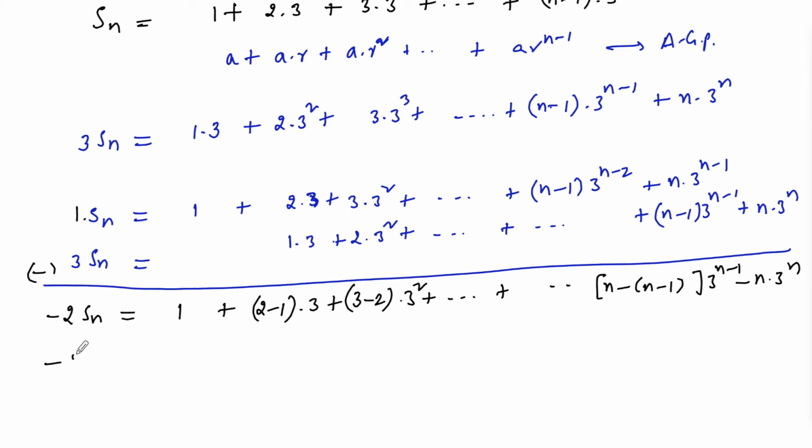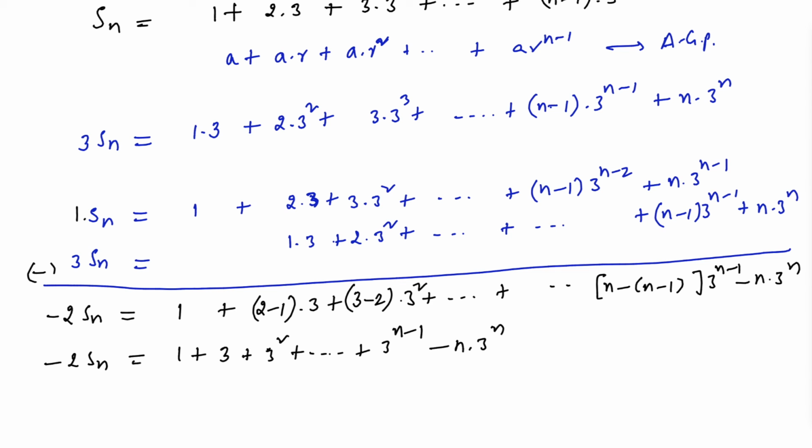So negative 2 times Sn is equal to 1 plus 1 into 3 plus 1 into 3 square, and so on, 3 to the power of n minus 1, minus n into 3 to the power of n.